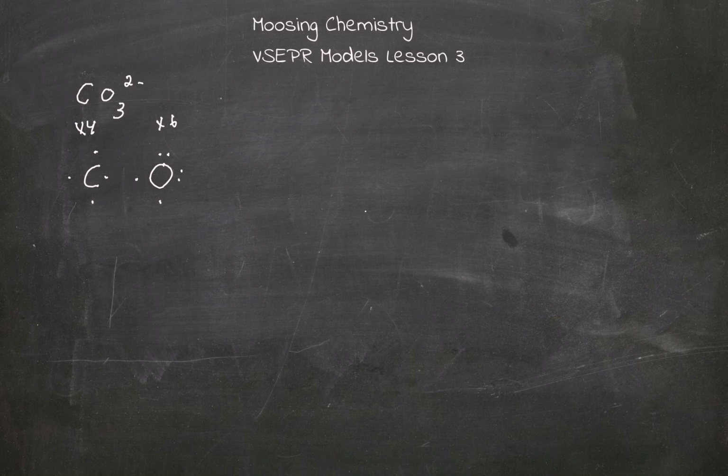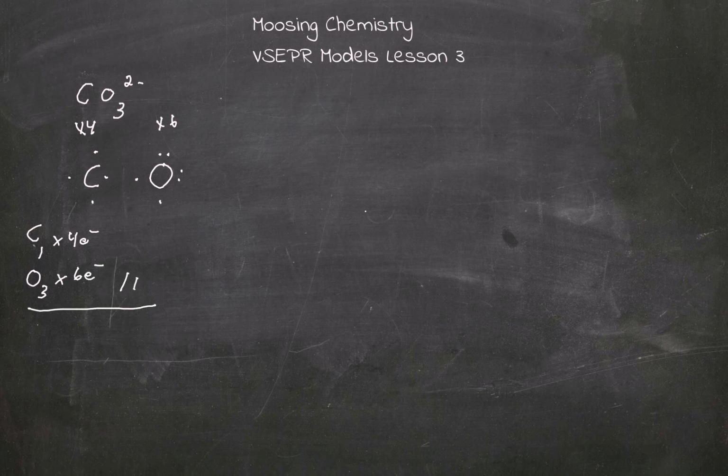So carbon is our least electronegative, and also it has 4 opening docking ports, 4 electrons that could be bonded with. So what we want to do now is figure out how many valence electrons we have here. So carbon comes in with 4 valence electrons, and each oxygen, we have 3 of them, comes in with 6 valence electrons.